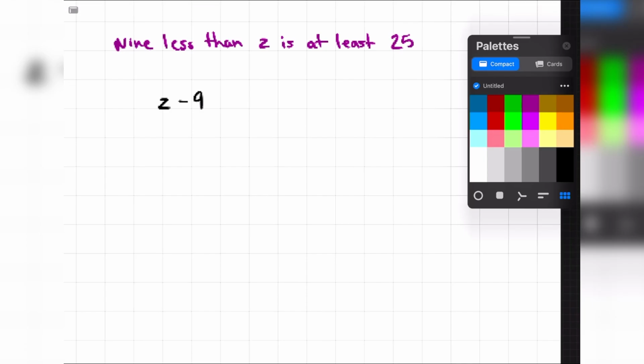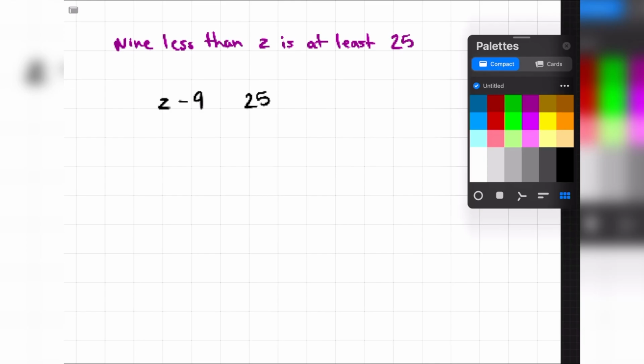What I usually do is write the number here for whatever the inequality is going to be, so that I can see it visually. Here you just have to ask yourself, what does "is at least 25" mean? When someone asks, can you bring at least 5 apples from the groceries? They're not saying bring 4, bring 3, bring 2.